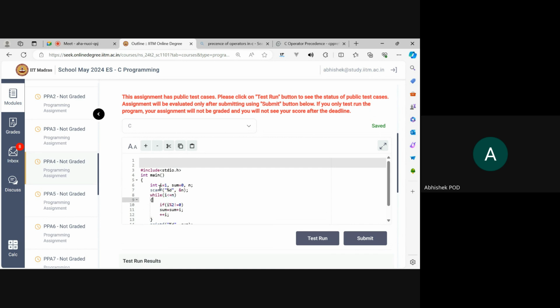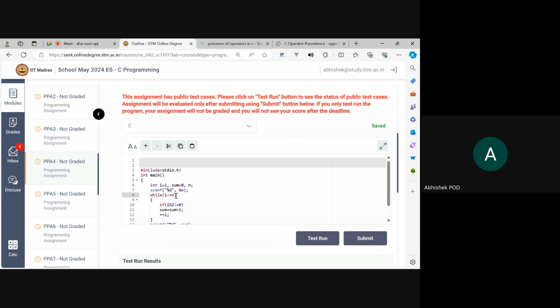I is starting with the value of 1, and this n should only be incremented when you are actually finding the odd number. What is happening right now is that this I is getting incremented every time.